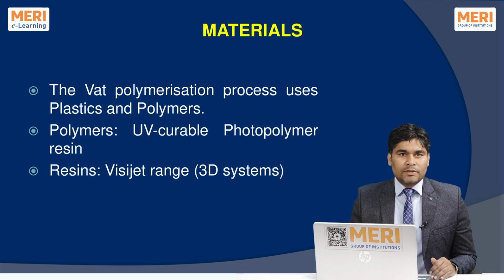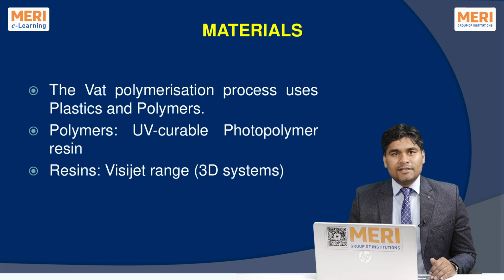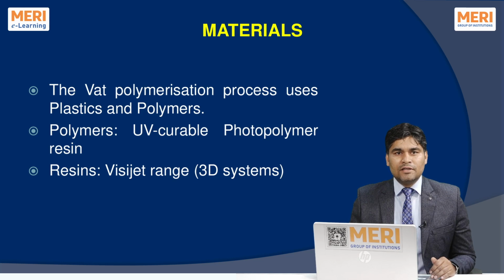Different types of commercial resins are available, such as the VCZ resin range developed by 3D Systems, which are designed for various applications like prototyping, medical models, and precision components. These materials help in achieving high accuracy, smooth surface finish, and detailed features in the final product.